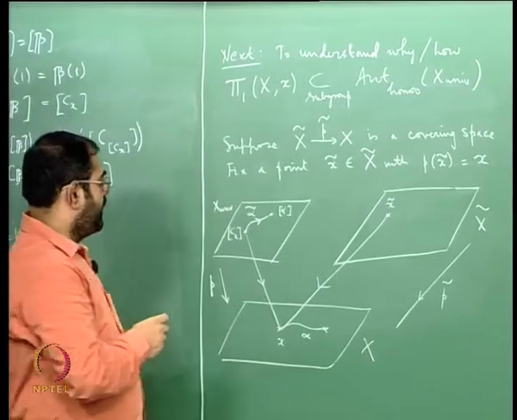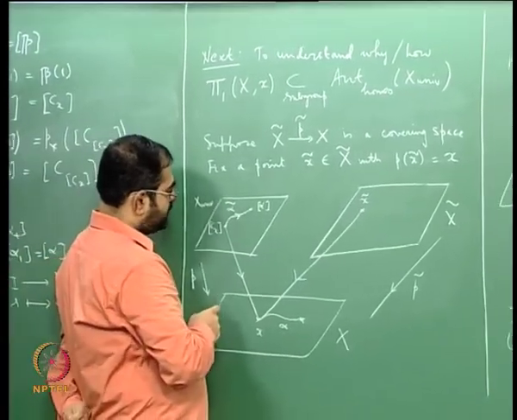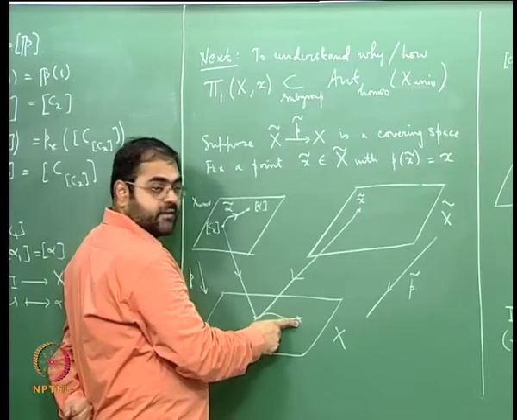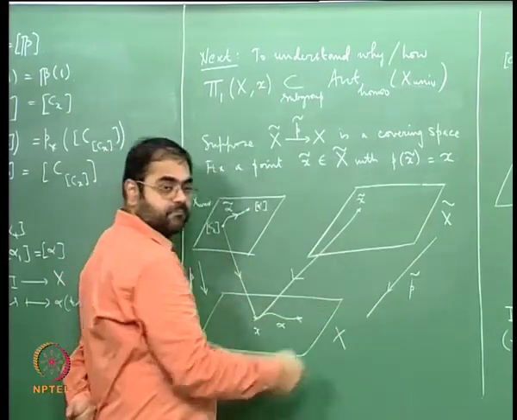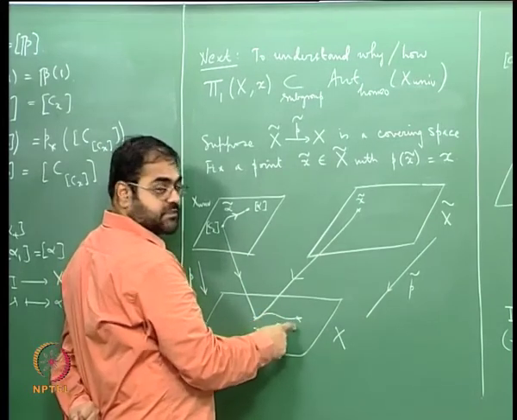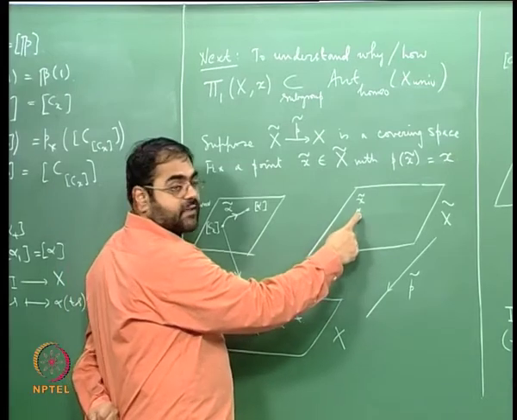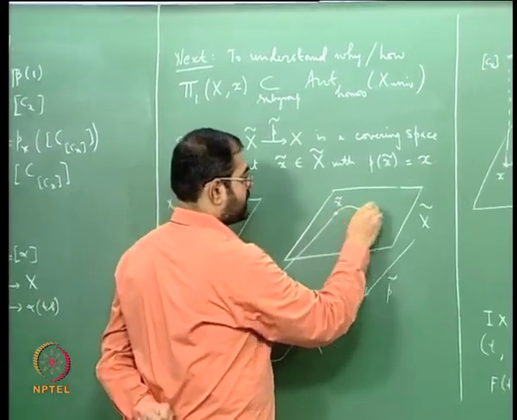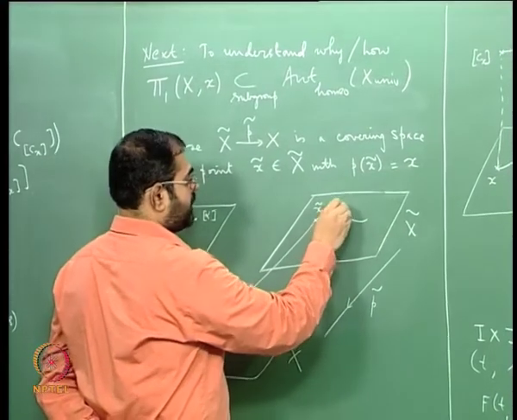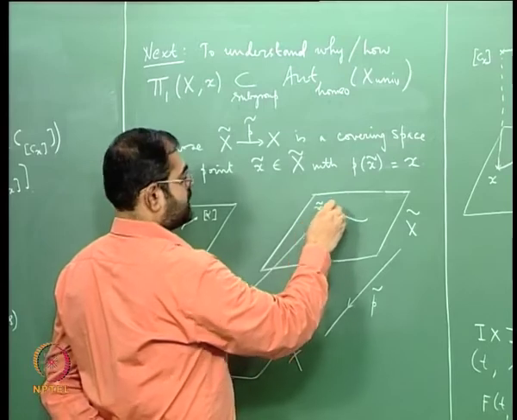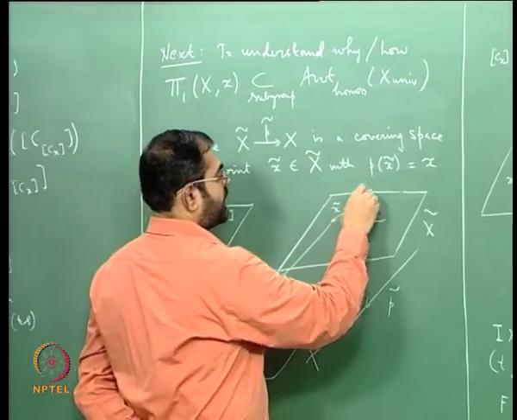Right. What I am going to do is, since I have a path here and since this is a covering, there is a unique lift of this to a path starting at x tilde. Okay, so I am going to get a path here. Let me call this alpha hat.